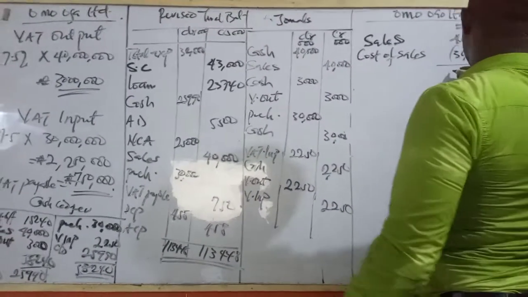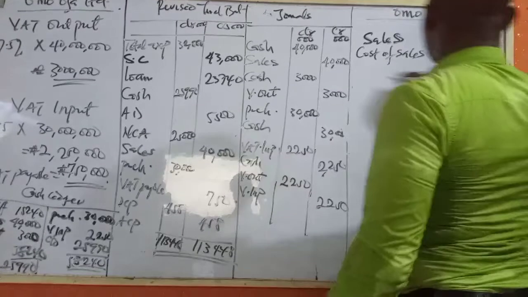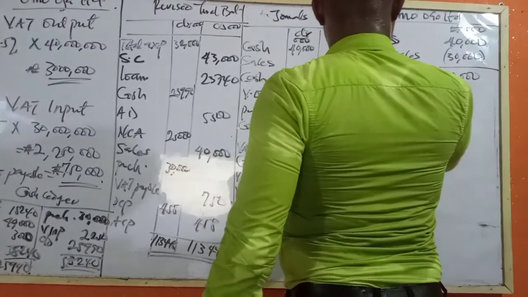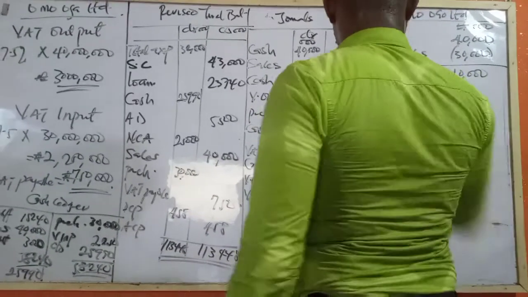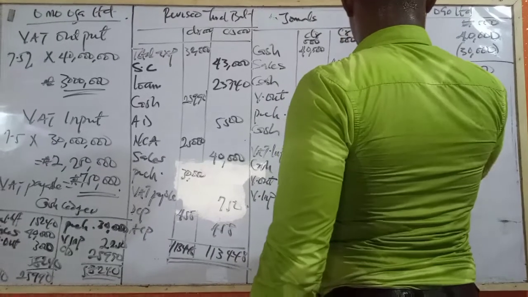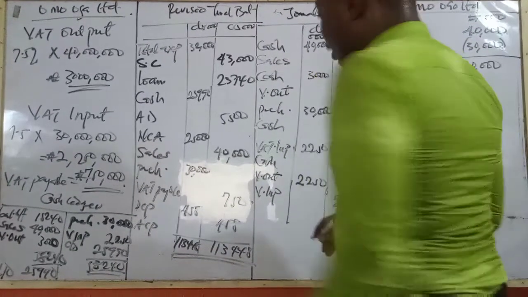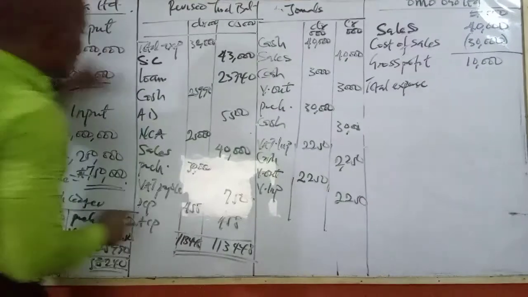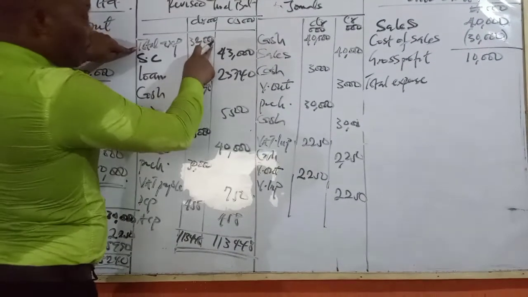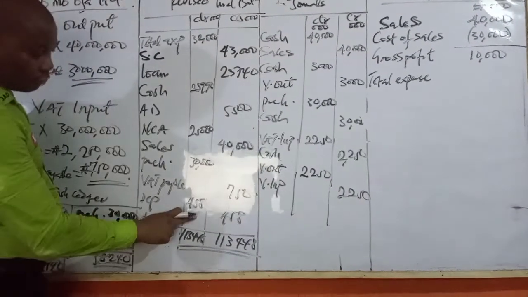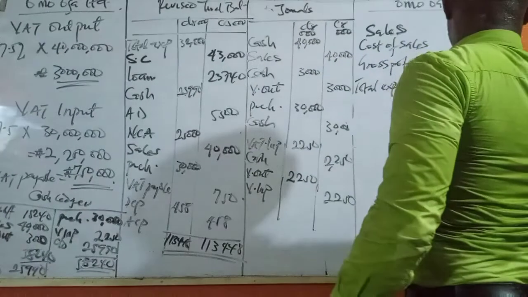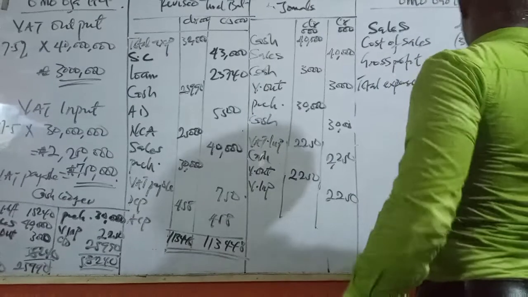So when you take that, what do you have? 10 million. So that's your gross profit. So what's your total expense? Total expense is 32 million plus your depreciation 458, so 32,458. So when you take that out, what do you have?